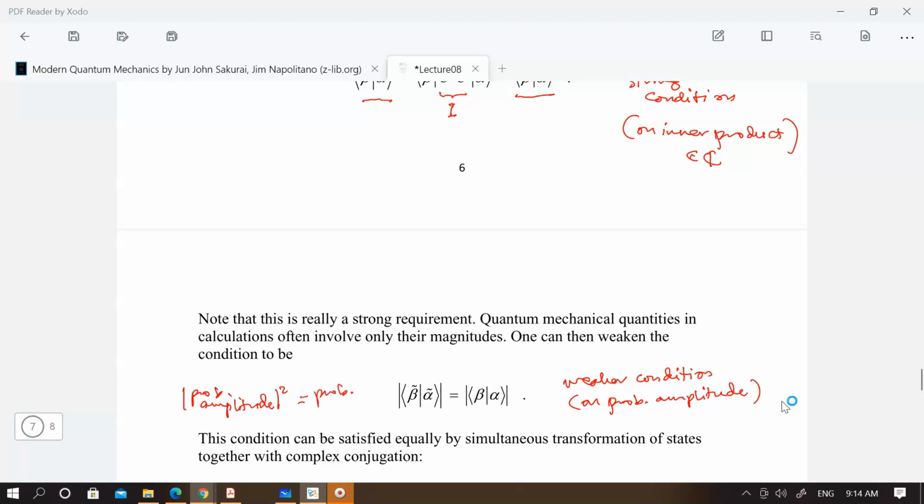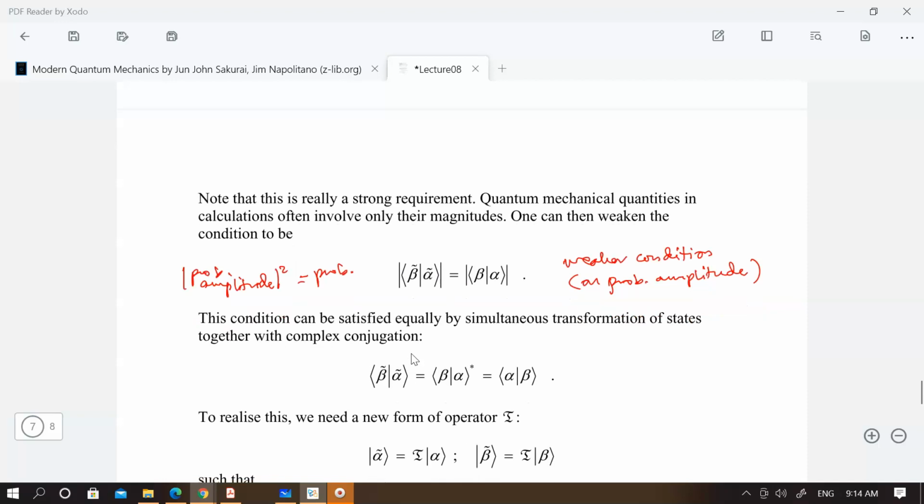Okay, so magnitude is what we want. So how would this actually help?